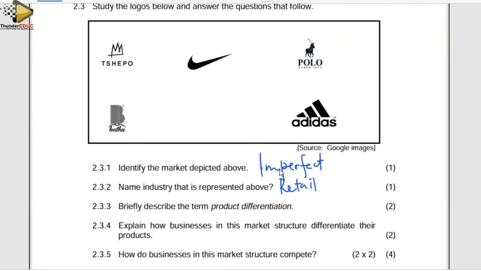Briefly describe the term product differentiation.